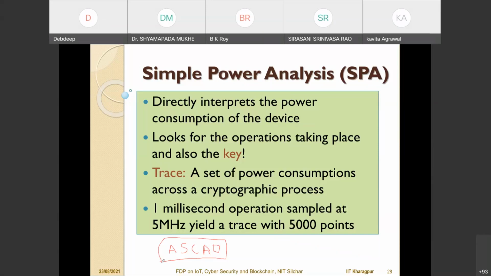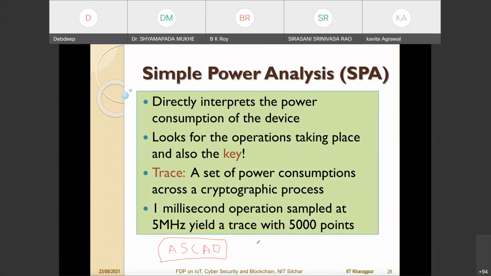I was talking about simple power attacks, which, as I mentioned, try to see the power trace and directly interpret it and get the secret key. So this basically tries to operate on few traces. It could be maybe one trace or maybe 100 traces, but not more than that. When I say a trace, it basically means the power consumption.